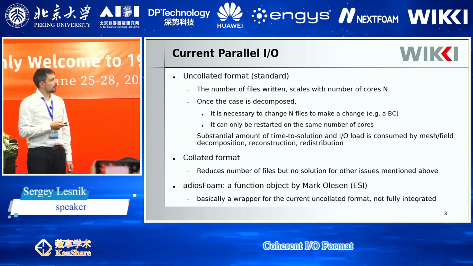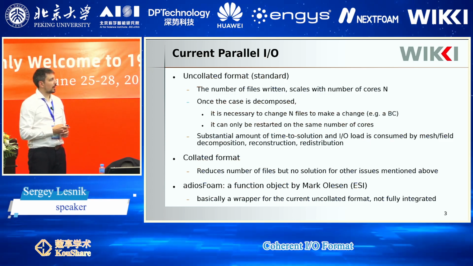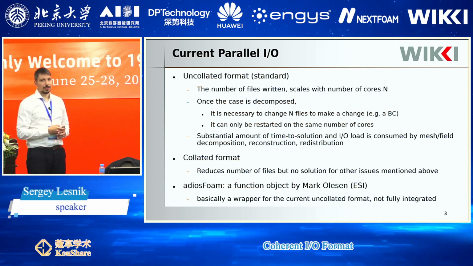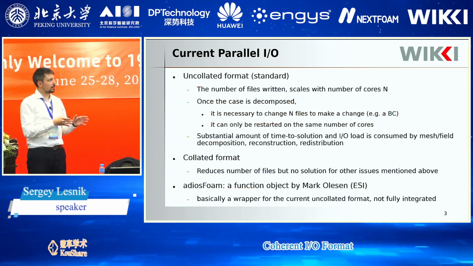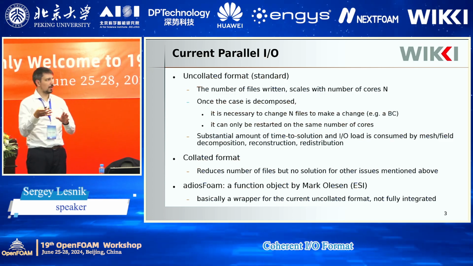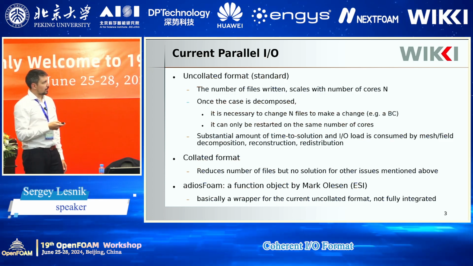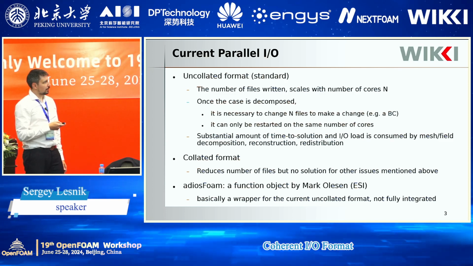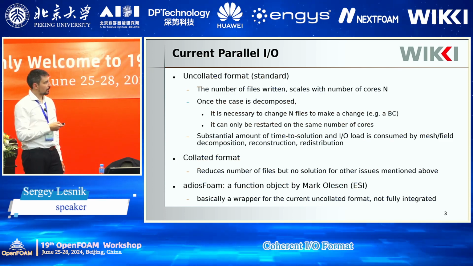The current legacy formats are ASCII and binary. We call it uncollated. Uncollated means in this case that you have processor directories for each MPI rank, for each partition. And that's the first point: the number of files written scales with the number of cores you run your case with.